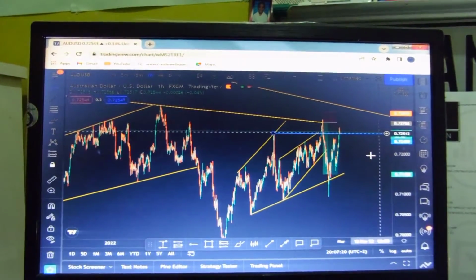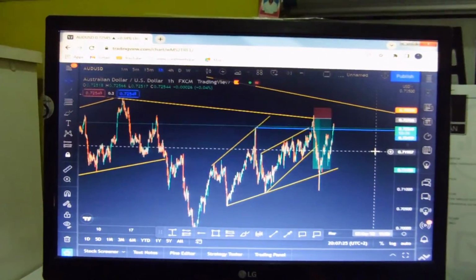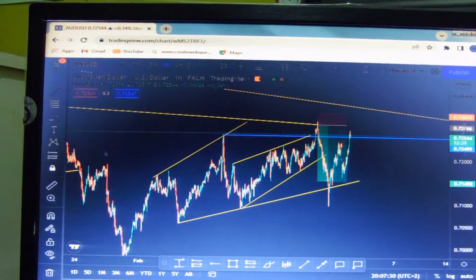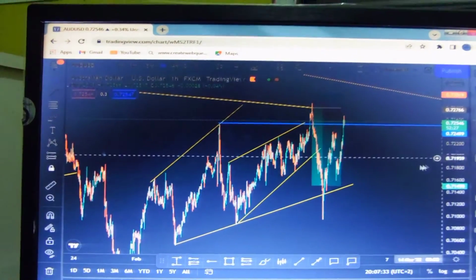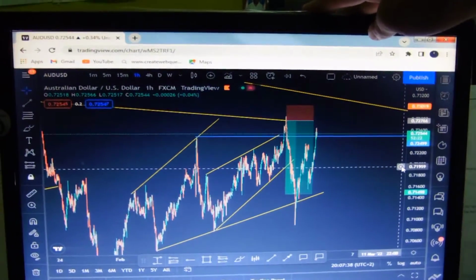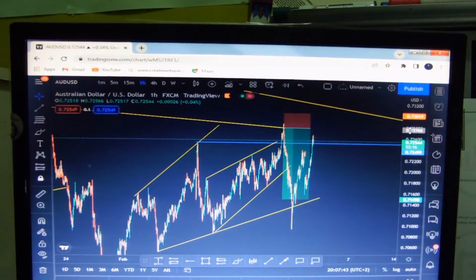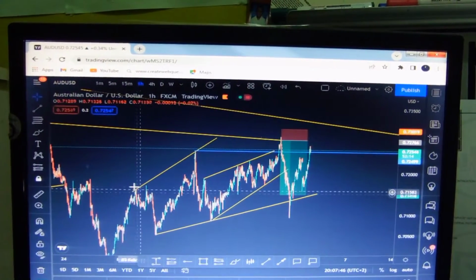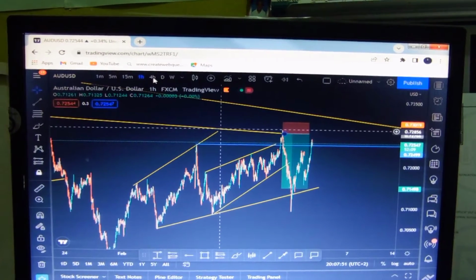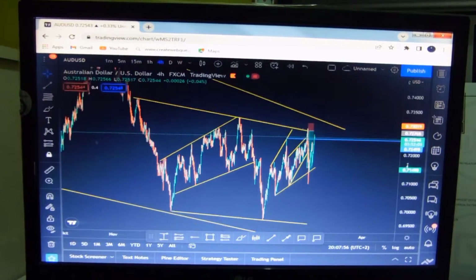On the higher time frame, I obviously looked for the sell, and if you zoom in right here, you'll see the confluence as to why I was looking for that sell. This is the 1 hour time frame. So 1, 2, and then a possible third touch. Let's go to the 4 hour time frame so that you understand the structure better.